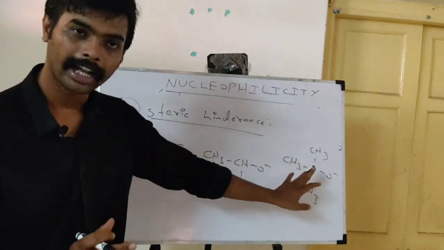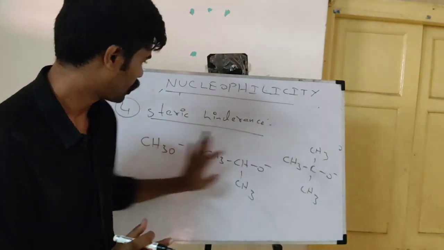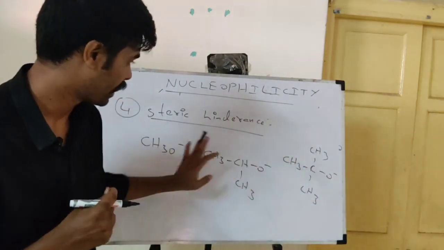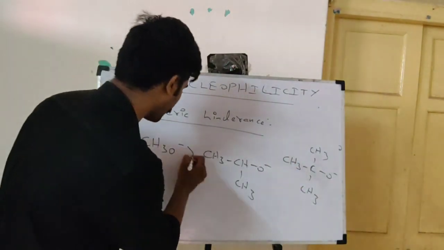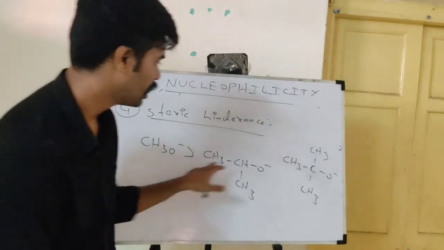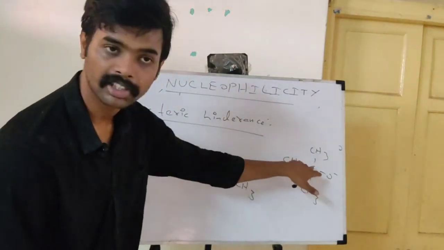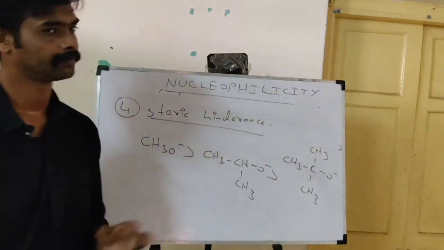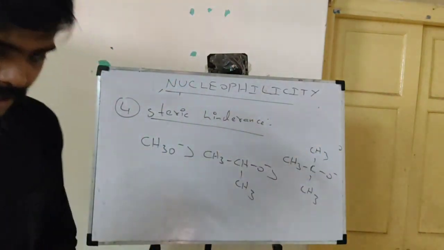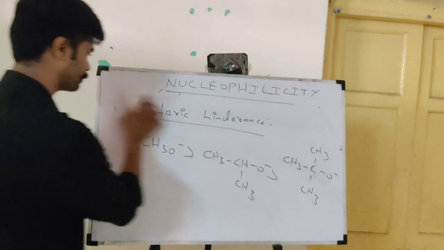So keeping that in mind, I'll be able to easily arrange them in the order of nucleophilicity. This is the least crowded of all, so definitely this is going to have maximum nucleophilicity. Compared to this, which is secondary, and this, which is tertiary, definitely this is going to have better nucleophilicity than that. Simple.